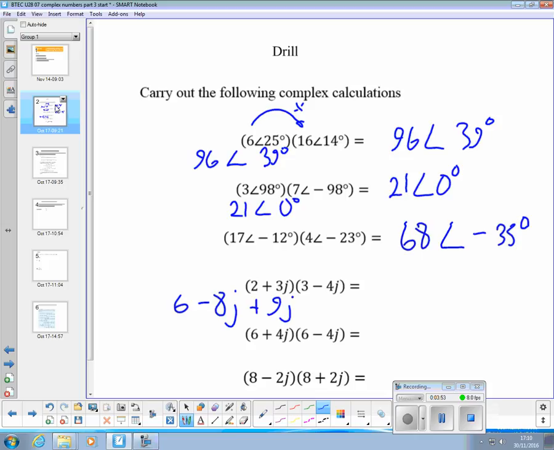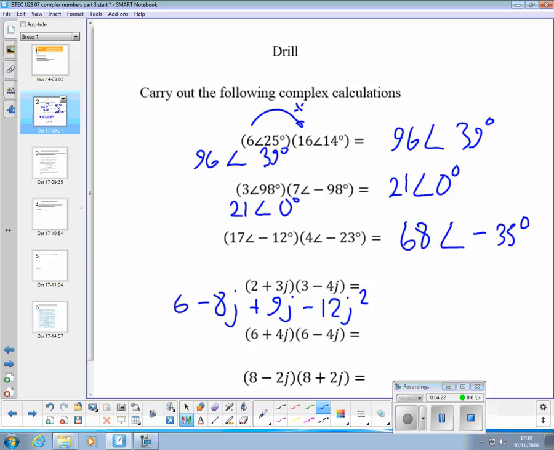Right. And I've done plus 3j times the minus 4j, minus 12j squared. Do you see what's going on there? You multiply each, so it's the same as multiplying out any other set of brackets. Now, tell us what happens with the j squared.